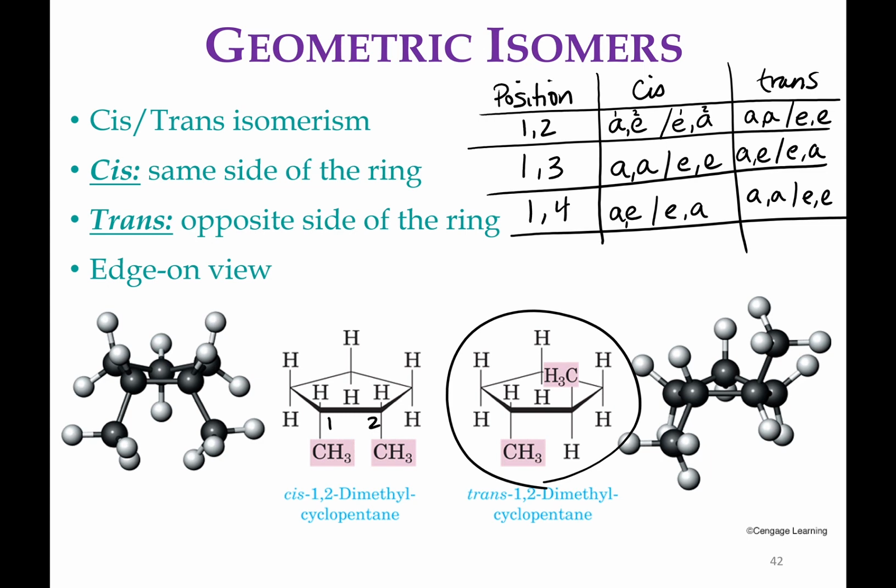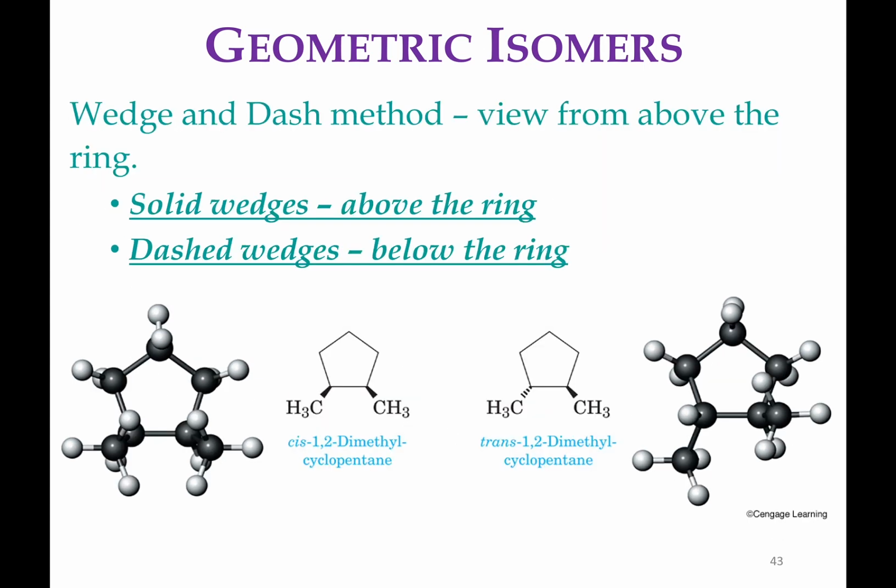All right, because they have restricted rotation. The wedge and dash method, remember, in this case, dealing with rings, wedge means it's above the ring and a dash means it's below the ring. Honestly, I'm not that picky. But if you have two wedges, it means they're the same. If you have two dashes, it means they're the same.